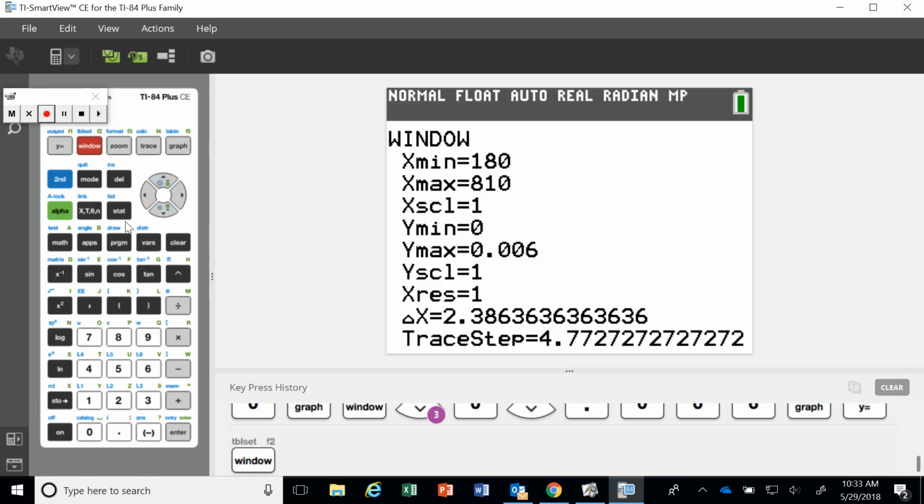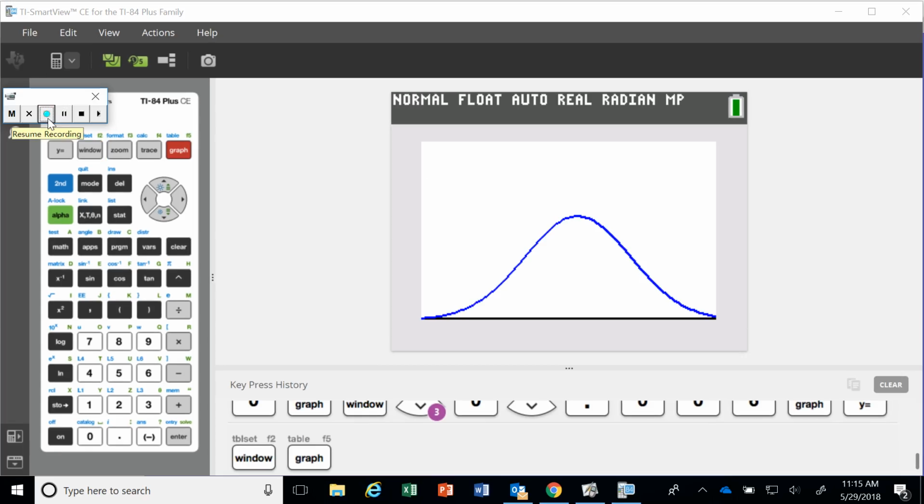And for my y values, just because the values are so small for these particular things, we had to make it pretty small. So I went from 0 to 0.006 to actually find where this function was. It took a long time to find out where it was. So let's continue to look at the graph now.